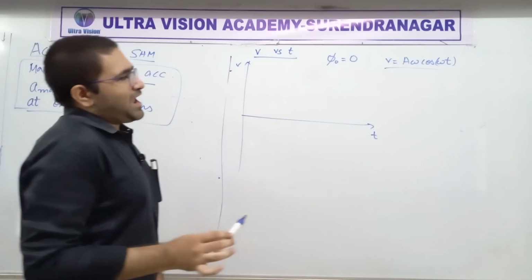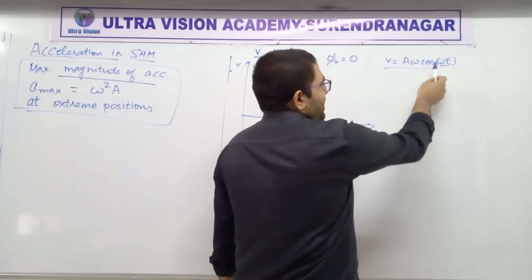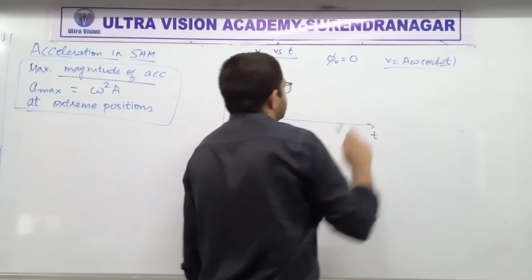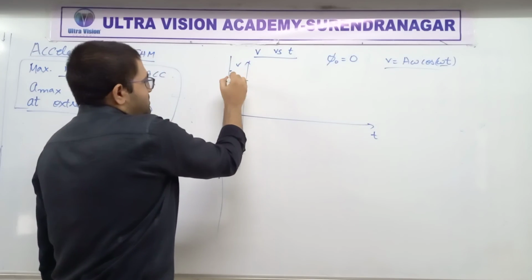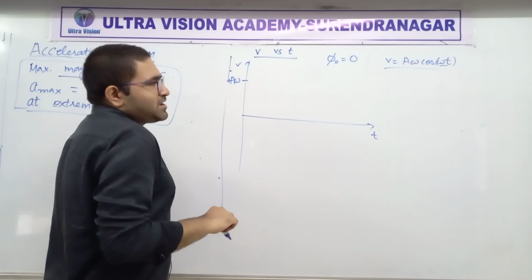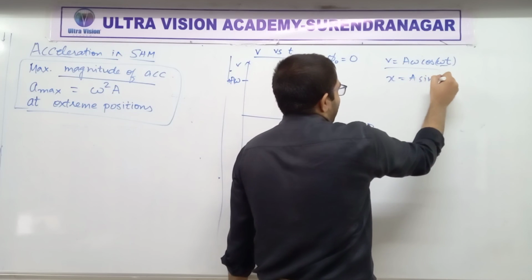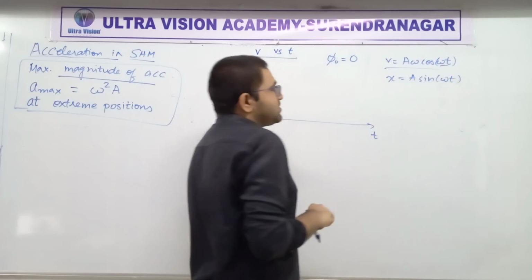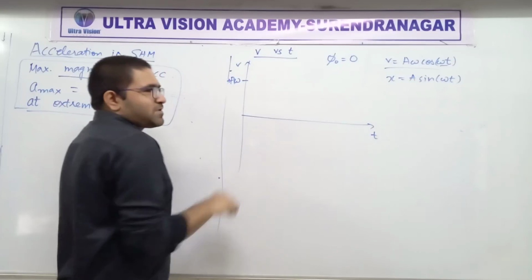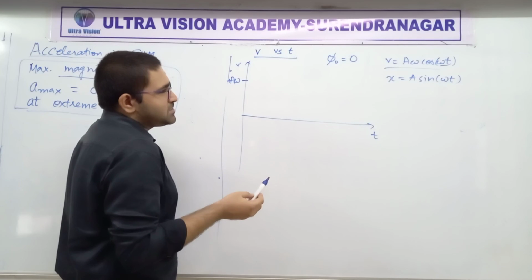So using this relation I am going to draw the graph. Okay? So at T equal to 0, cos 0 is 1. So you start from plus A omega. Right? And just like we had for position, we will have this kind of relation. So sin or cos, the pattern of the graph remains the same. I repeat, the pattern of the graph remains the same.